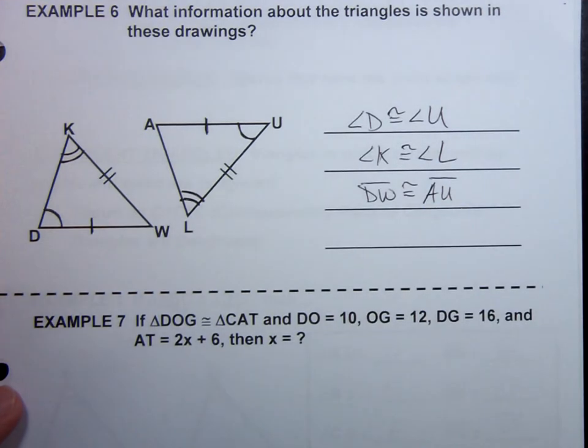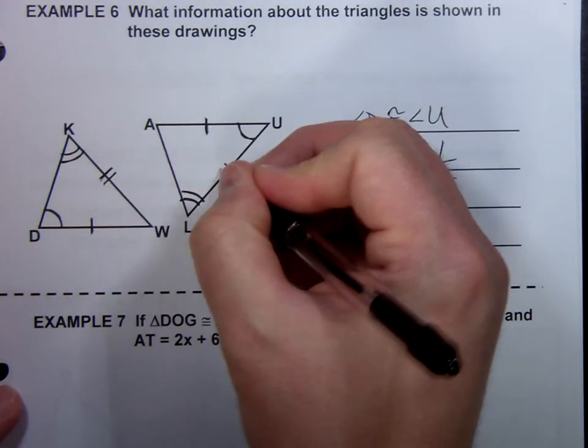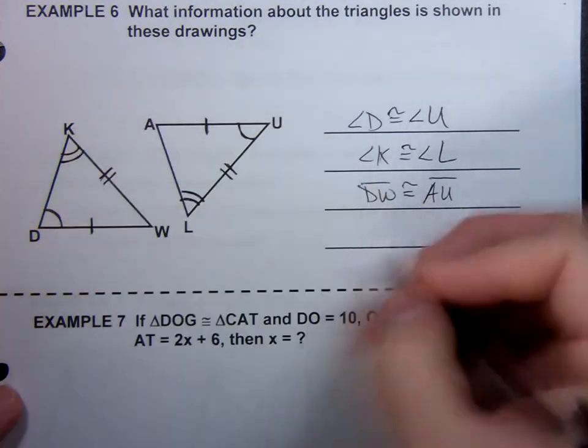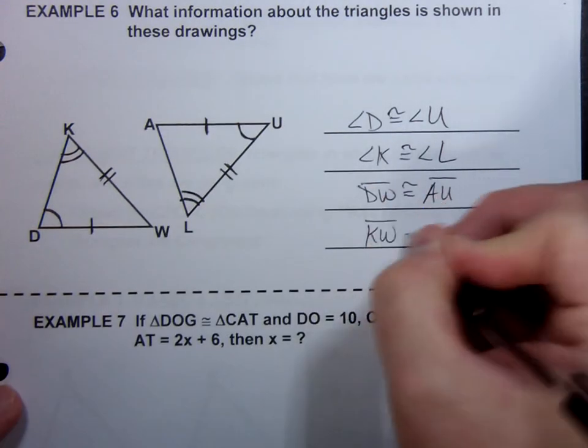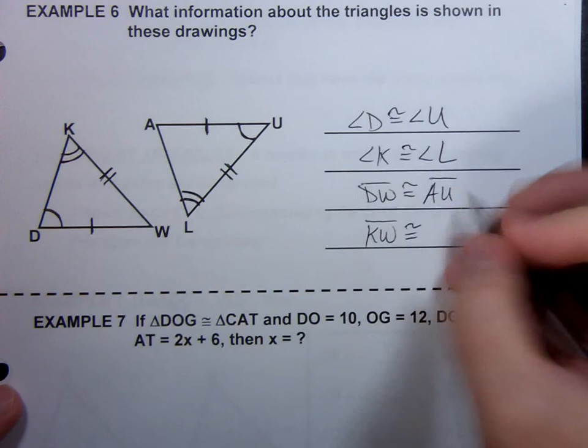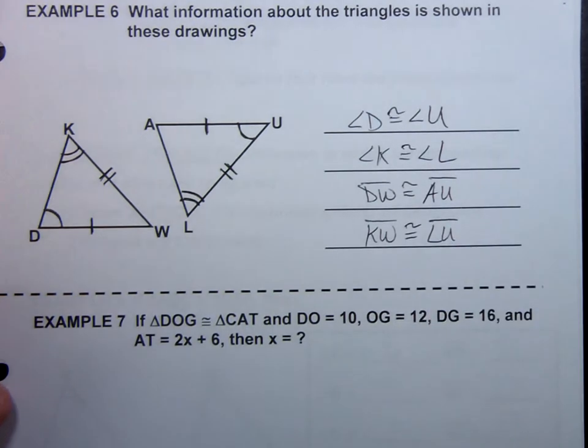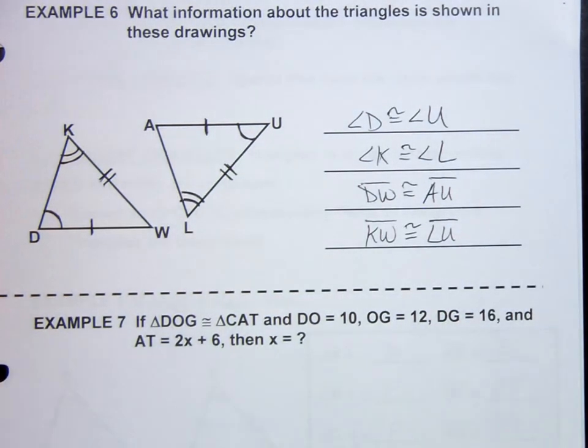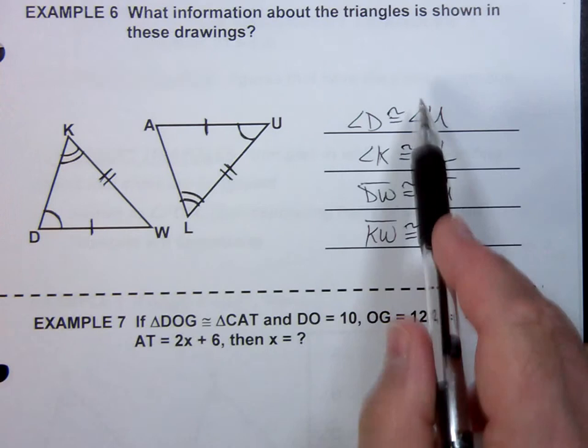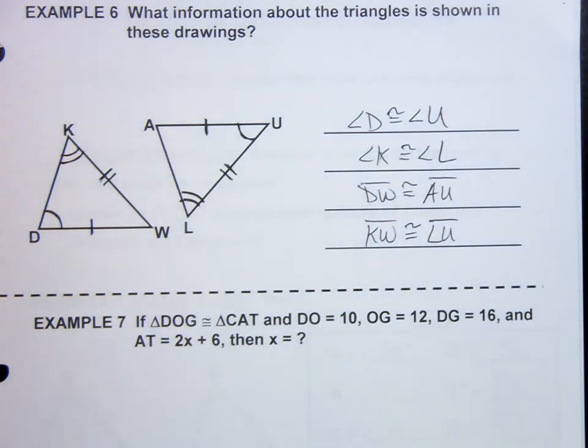Finally, see these segments are congruent: line segment KW is congruent to line segment LU. This is just making sure we're understanding the marks on the picture and what they mean. All of those markings in the picture mean this information over here is true. They're marking all those angles and sides congruent for us.